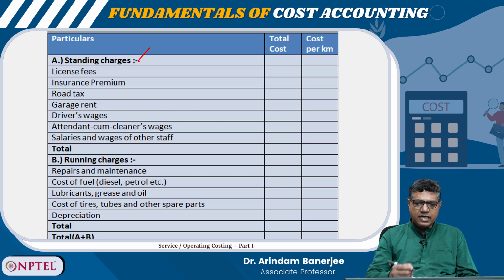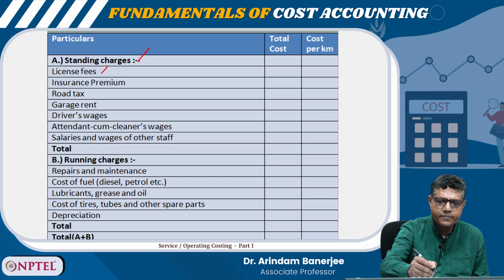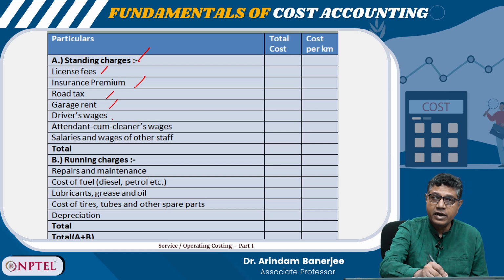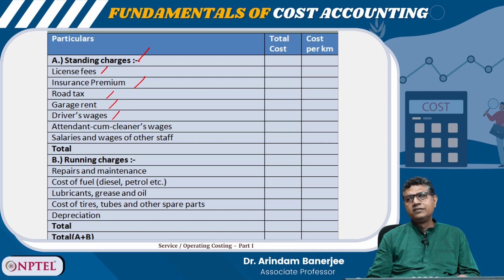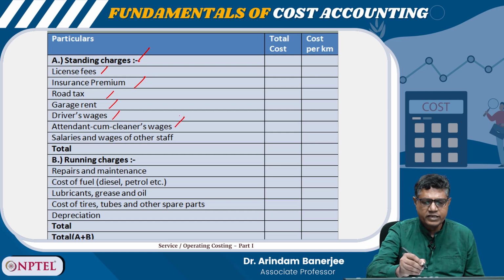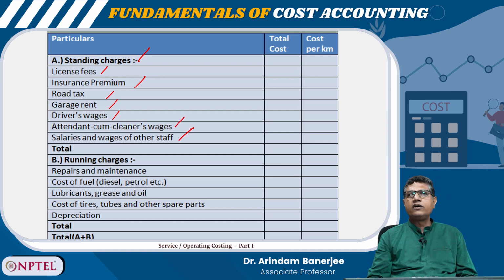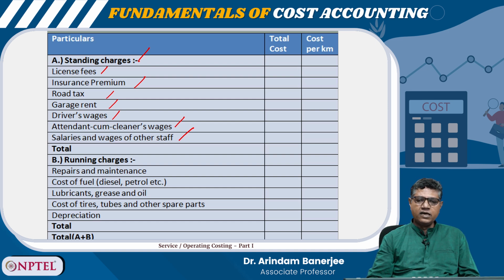For example, the license fees, insurance premium, road tax, garage rent, driver's wages if the driver is on a fixed monthly wage, accident cleaners' wages, salary and wages of other staff. So these are the standing charges.